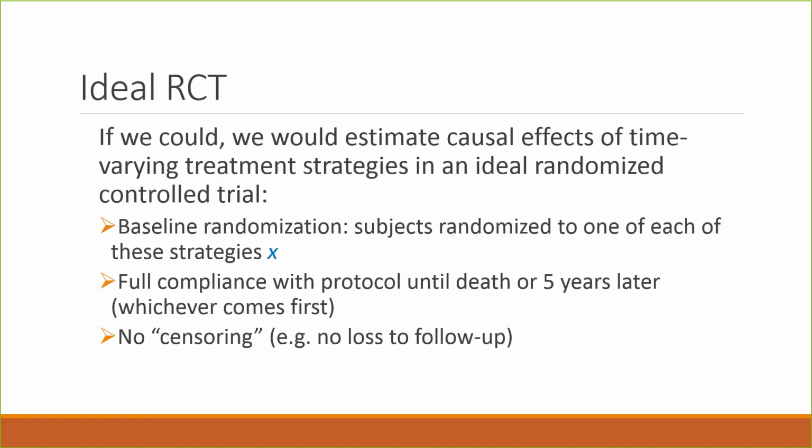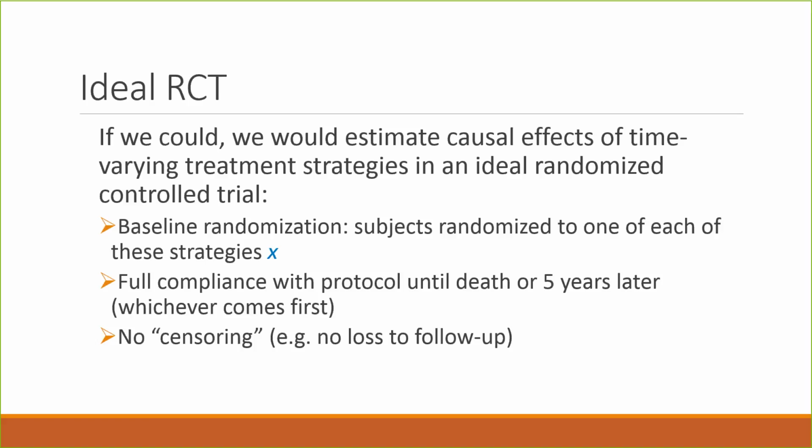They're not going to start treatment until their CD4 first drops below 350. If it never drops below 350, they will never start. And if they continue to have CD4 above 350 and then they die, they've been complying up to the time that we observe the outcome.